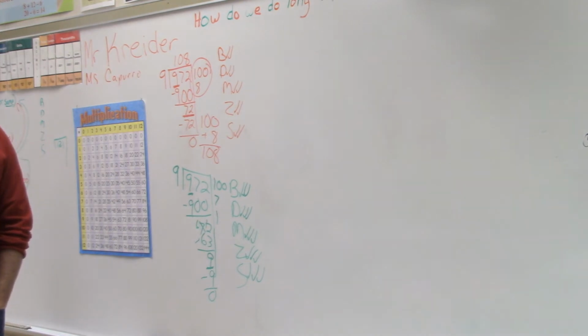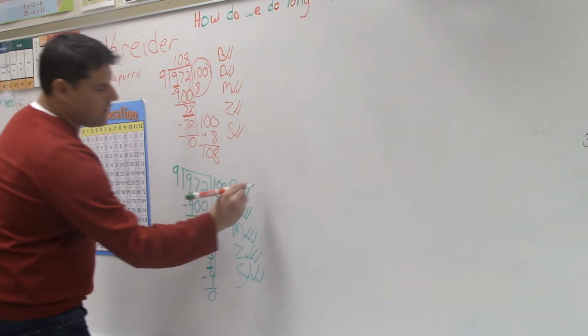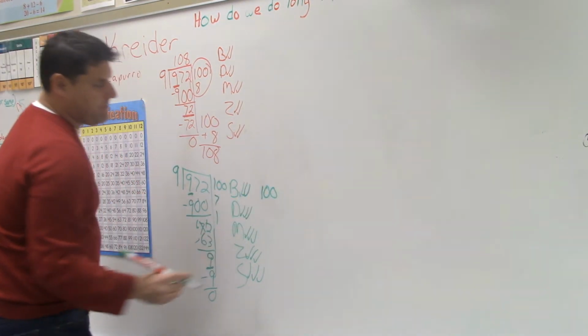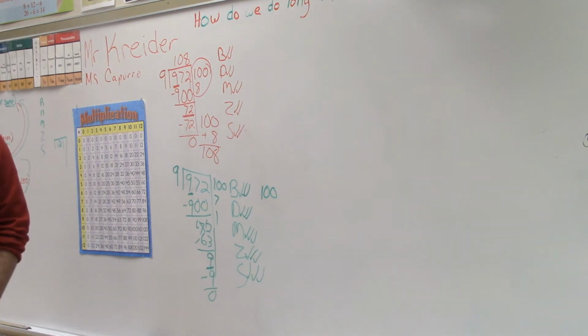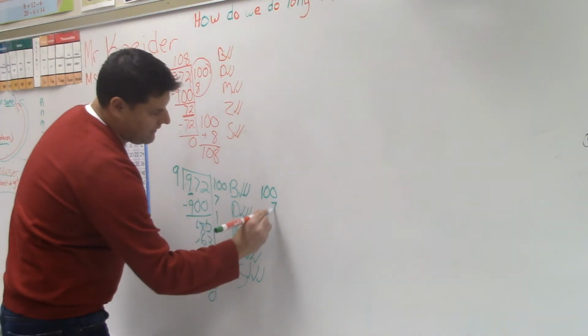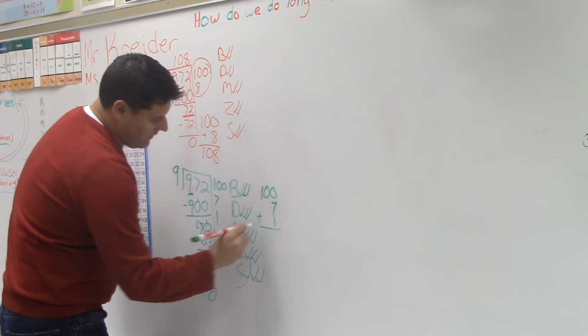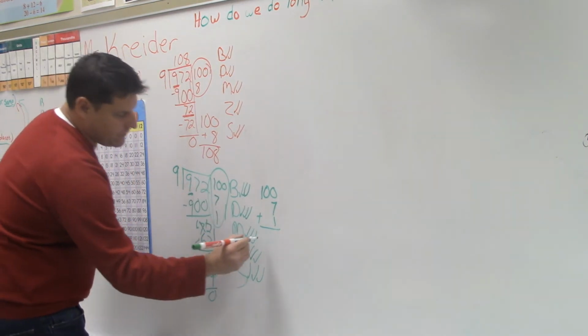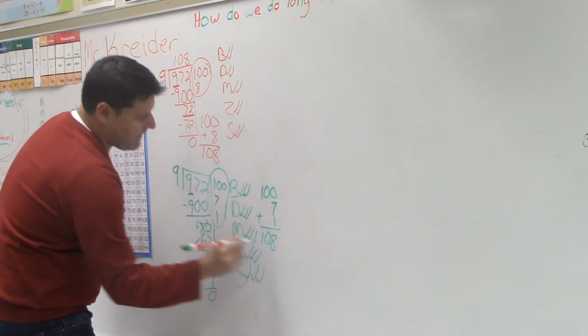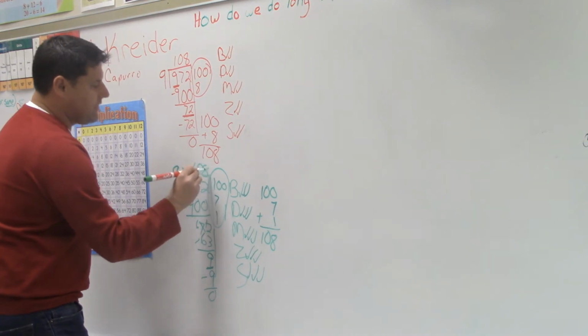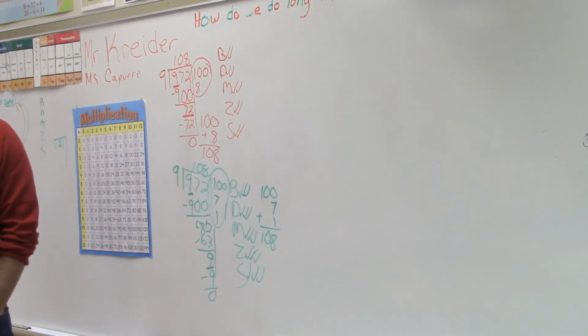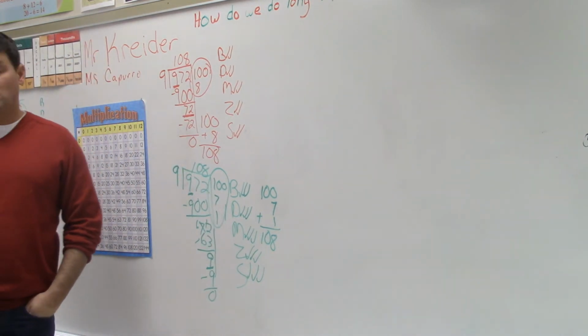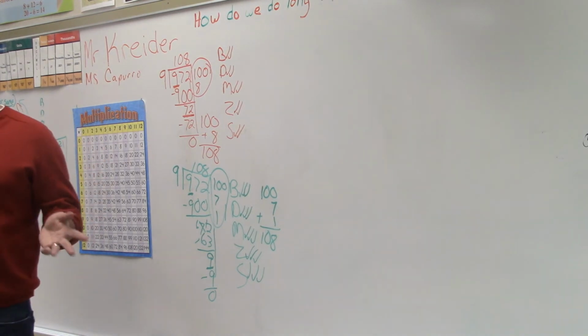Right? So it is okay if we make a mistake, as long as it is a lower mistake. We just got to add up our answers, and we still get 108. So it's okay to mess up. It's not a big deal.